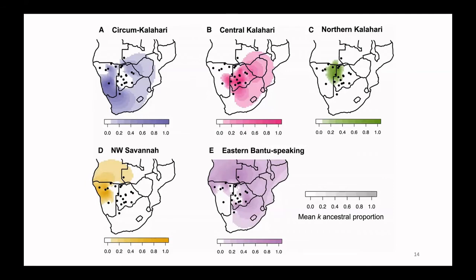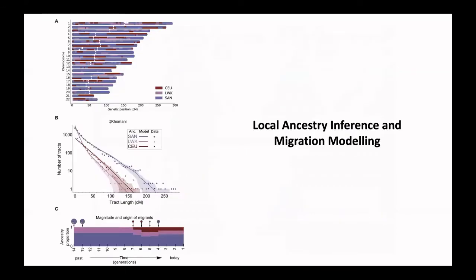So we identified 5 distinct ancestry patterns, first of being Circum-Kalahari Khoisan ancestry, followed by Central Kalahari, Northern Kalahari, Northwestern Savannah, and then we found the Eastern Bantu-speaking ancestry coming down, reminiscent of the migration.